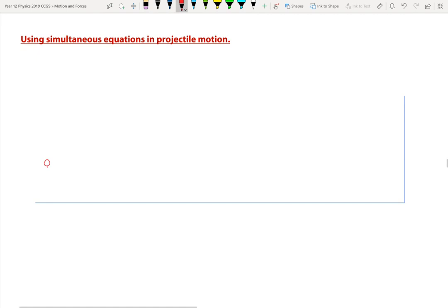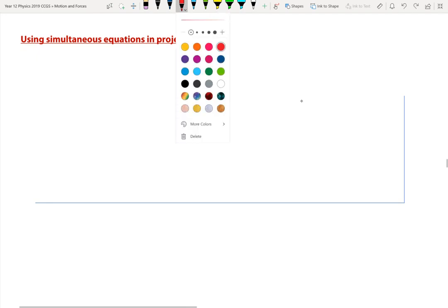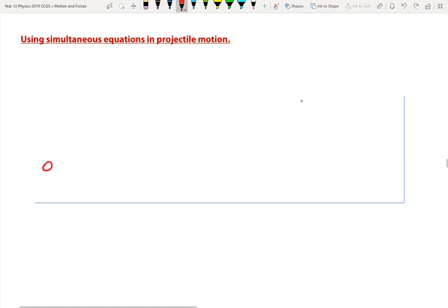Consider this bloke here who is now going to be drawn slightly larger because we've zoomed out. Okay? And he kicks a ball starting off 1 meter off the ground.